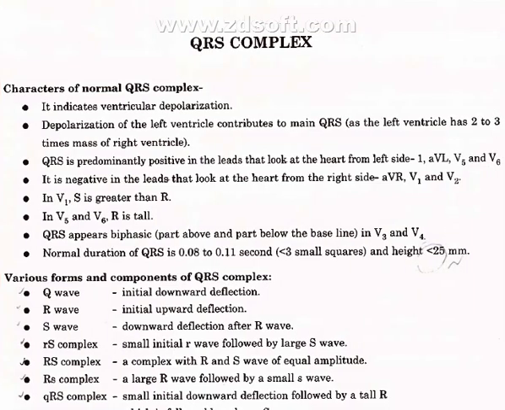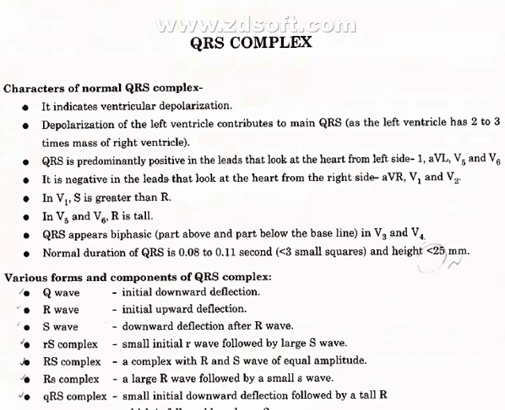Now QRS complex. Characters of normal QRS complex. It indicates ventricular depolarization. Depolarization of the left ventricle contributes to the main QRS as the left ventricle has 2 to 3 times the mass of the right ventricle. QRS is predominantly positive in the leads that look at the heart from the left side: 1, aVL, V5 and V6. It is negative in the leads that look at the heart from the right side, that is aVR, V1 and V2.